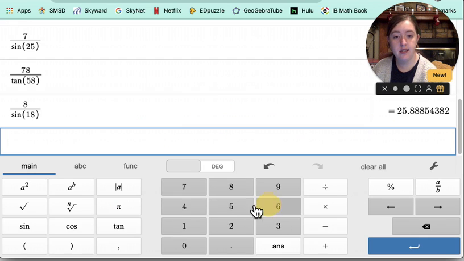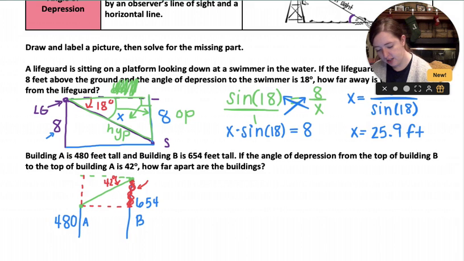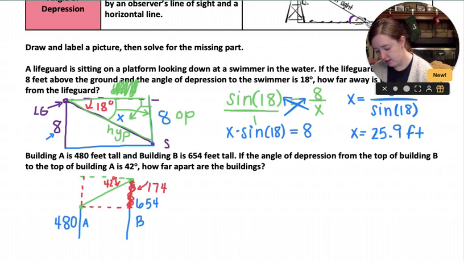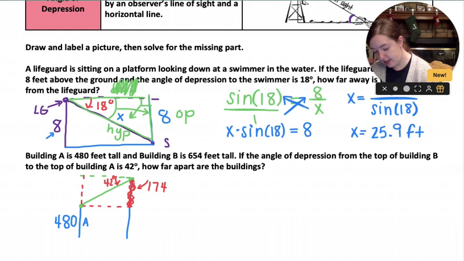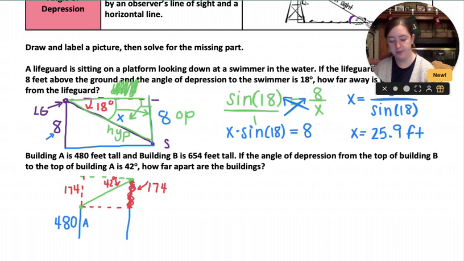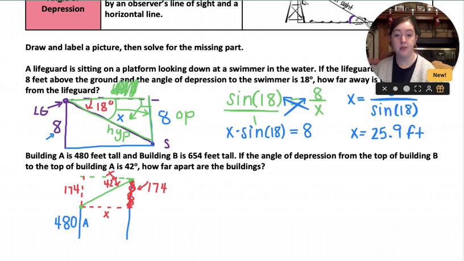That's 174. So we now know this piece right here is 174. I'm going to erase that to get it out of the way. That means that over here, this side is also 174. We want to know how far apart the buildings are. That's going to be the same distance right there.